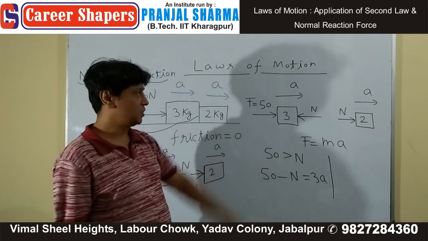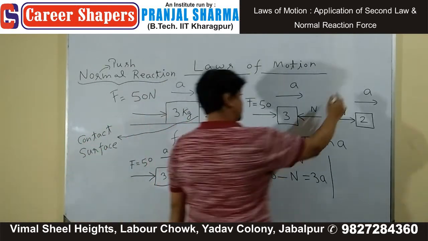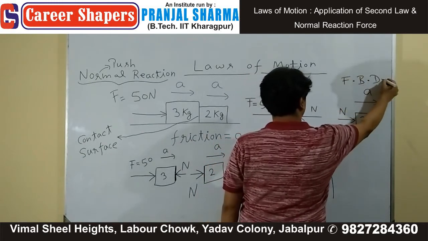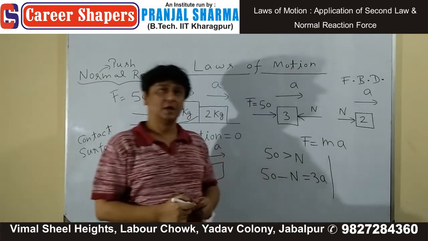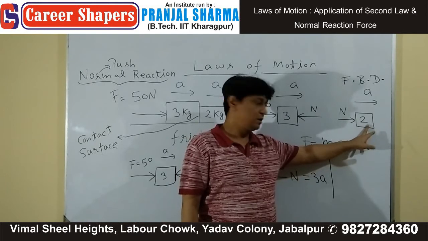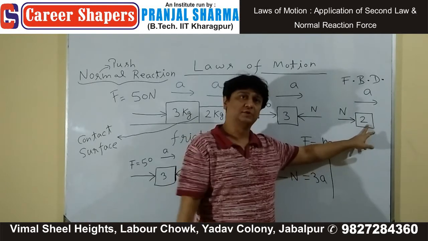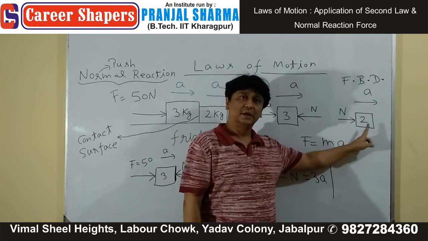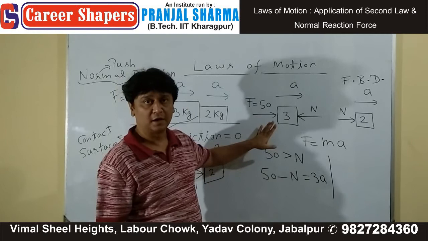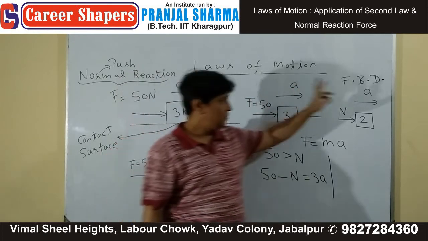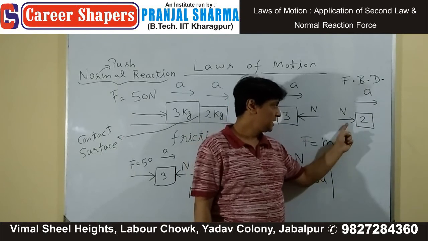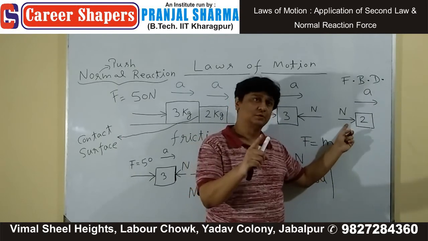Now look at the second one. ये जो चीजें हमने ड्रॉ की हैं, क्या है ये? फ्री बॉडी डायग्राम्स। अब सबसे काम का पार्ट, इस 2 kg पर केवल एक फोर्स लग रहा है, N। इस 2 kg को 50 से कोई मतलब नहीं है। Free body diagram, it tells us that this 2 is under only one force, which is what?